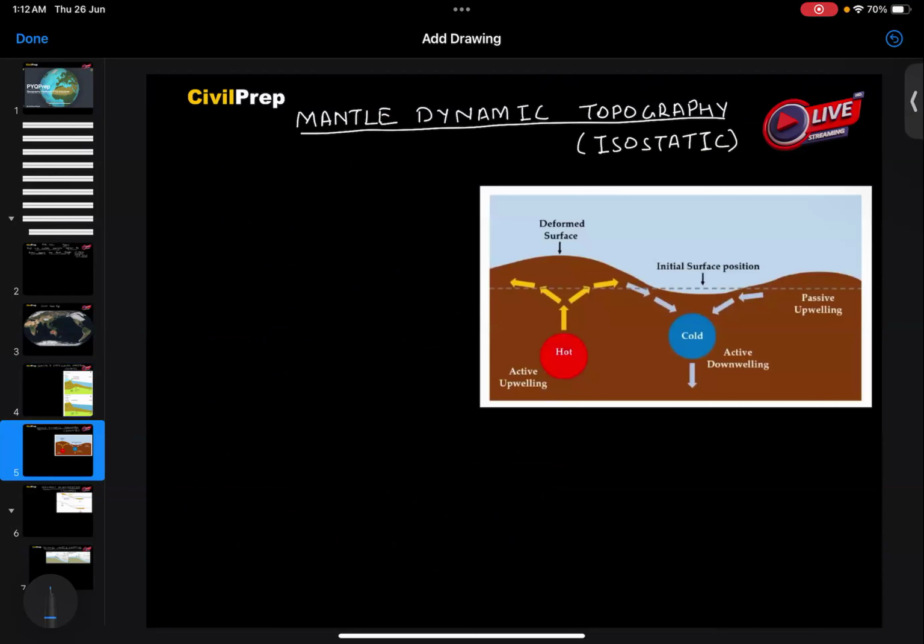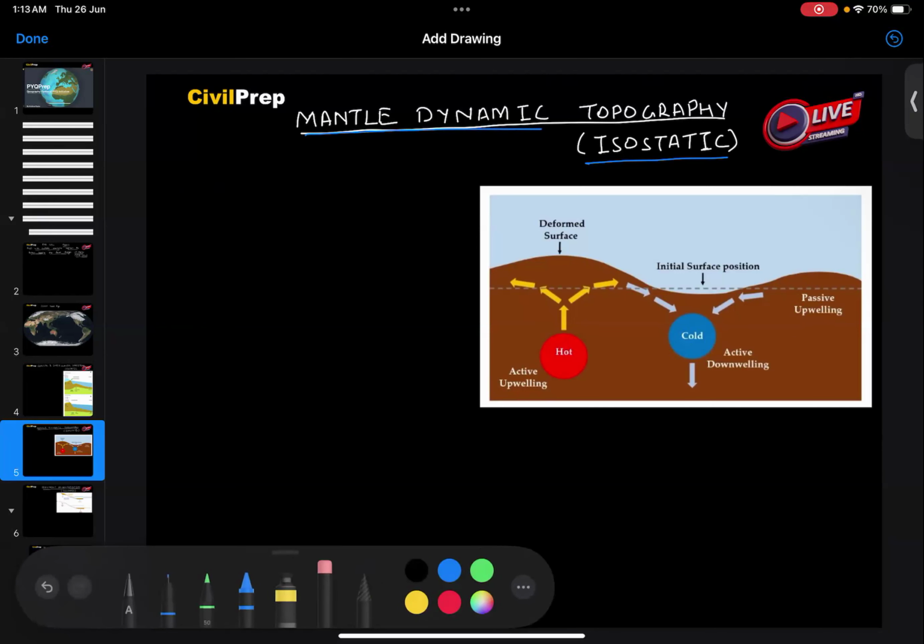Okay. Next, we come to the isostatic changes. For the isostatic changes, the first part which we'll be discussing is the mantle dynamics. Okay, we'll be discussing the mantle dynamics here.